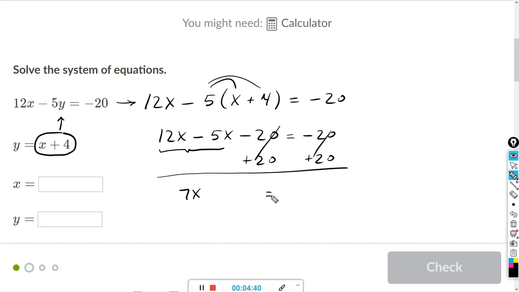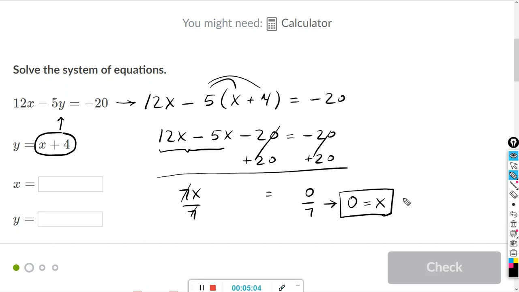So you bring down the equal sign. Dividing both sides by 7, the 7's cancel, and 0 divided by 7 is just 0. So x equals 0.